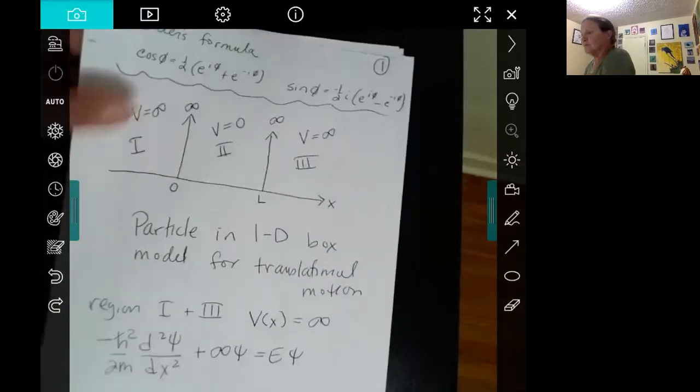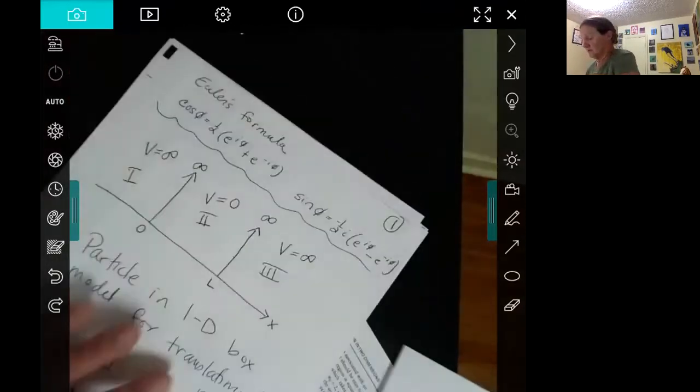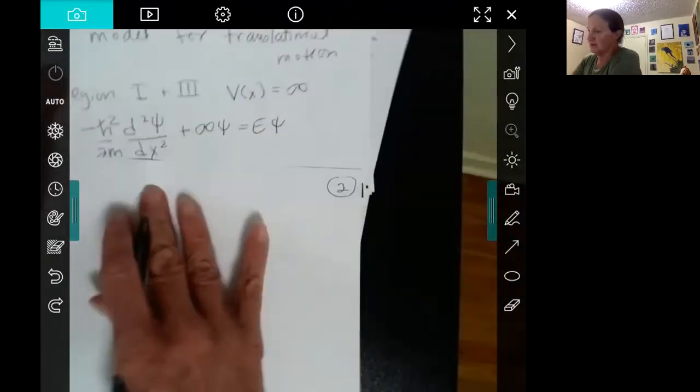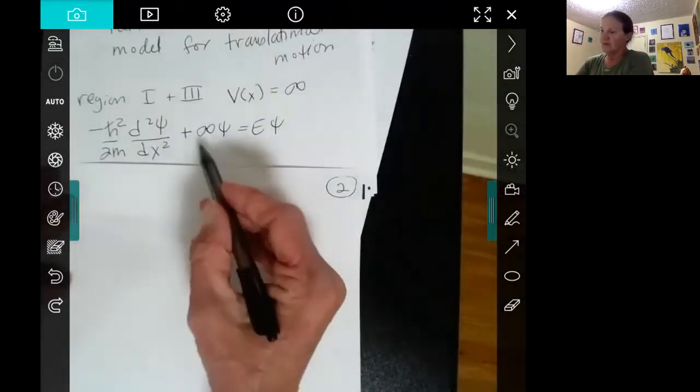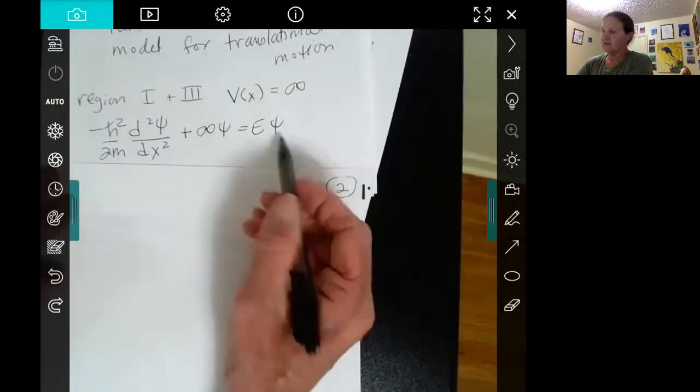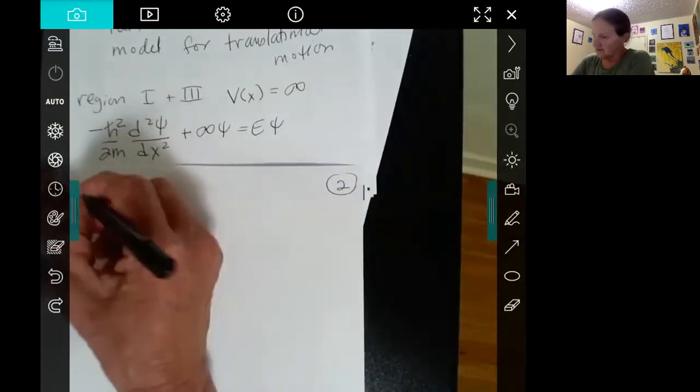So we can take this and rearrange it. We have infinity times psi and E times psi, so let's take those on the same side.